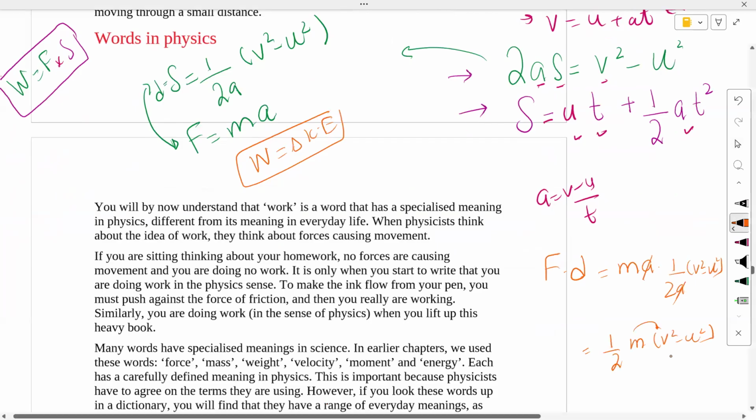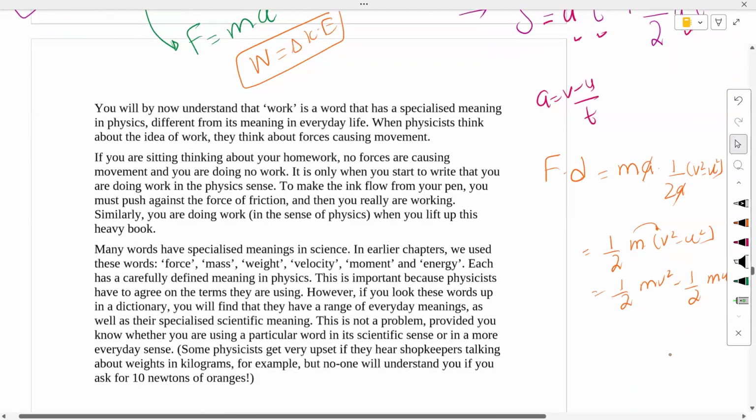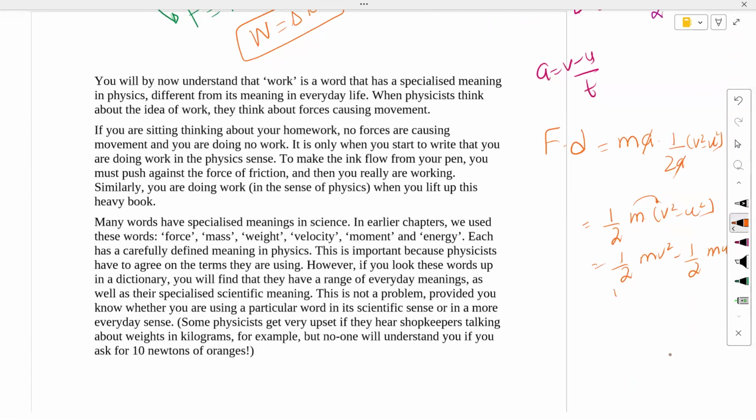I multiply it with both and I'll get 1 by 2 mv square minus 1 by 2 mu square. And we know that it's the formula for kinetic energy final and kinetic energy initial. Hence proven, I could write this formula that work done is equal to change in kinetic energy.